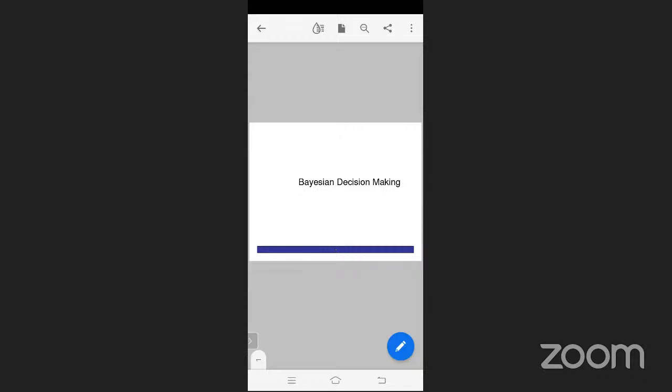What are generative classifiers, if you recall? I told you generative classifiers make use of distribution of the data, the distribution of the training data. So we are going to go back to generative classifiers, and from that perspective, we are going to talk about Bayesian decision theory.